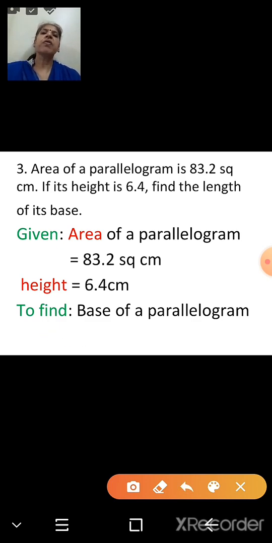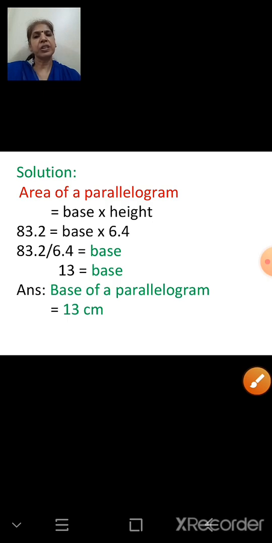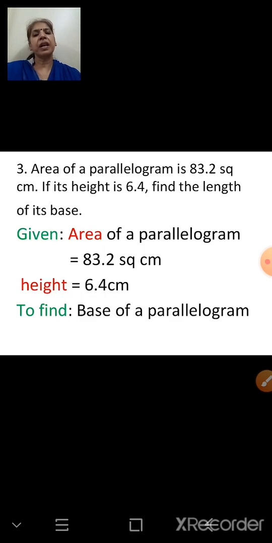Whether we have to find base or height, we will write the formula. First write the solution. Area of parallelogram is equal to base into height. Whether you have to find base, height, or area, first write the formula.